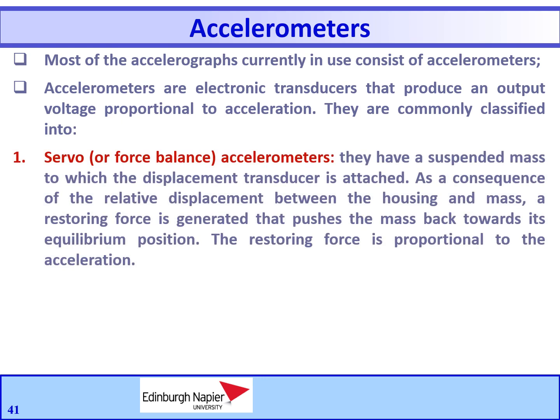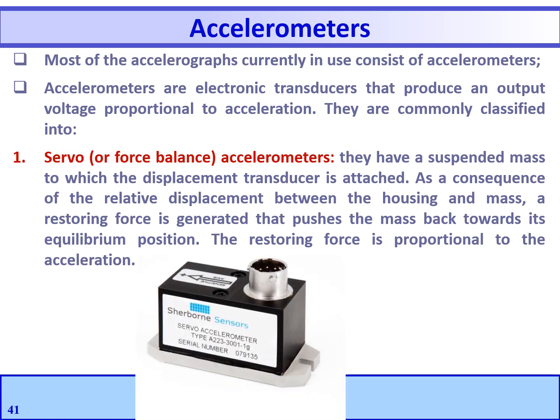They are commonly classified into servo or force balance accelerometers that have a suspended mass to which the displacement transducer is attached, and as a consequence of the relative displacement between the housing and the mass, a restoring force is generated that pushes the mass back towards its equilibrium position. The restoring force is proportional to the acceleration.